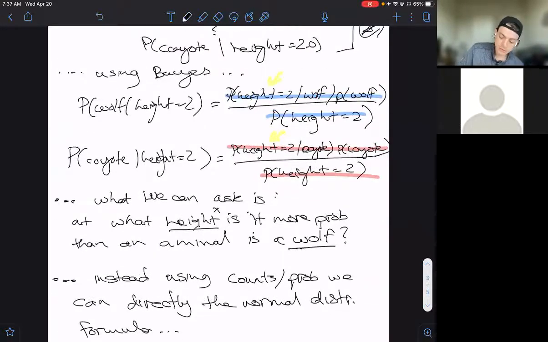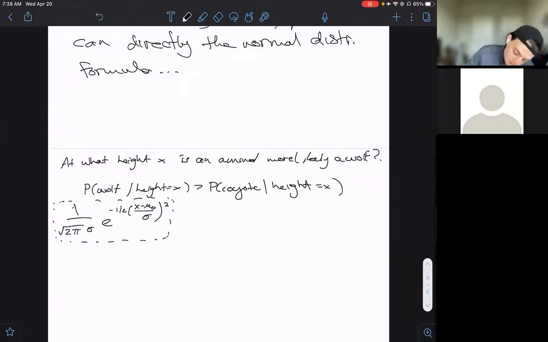The second one is the probability of wolf. So before, and this is an important assumption, let's say for the first try, this does not have to necessarily go through for every single time. Probability of wolf is equal to probability of coyote, which is equal to 0.5.